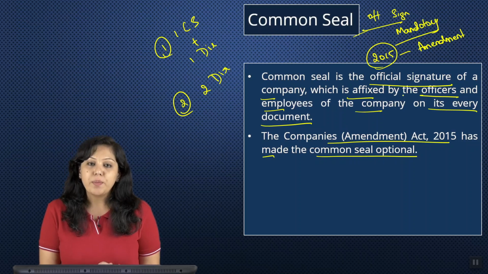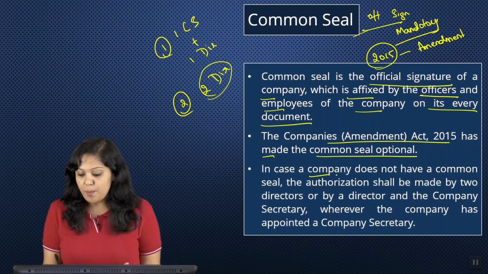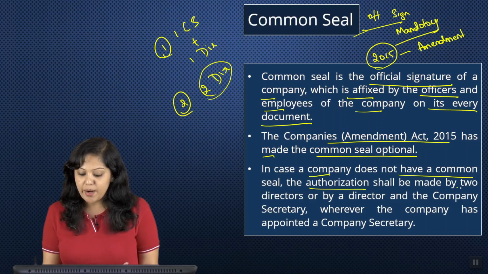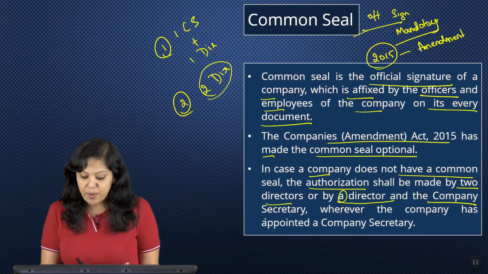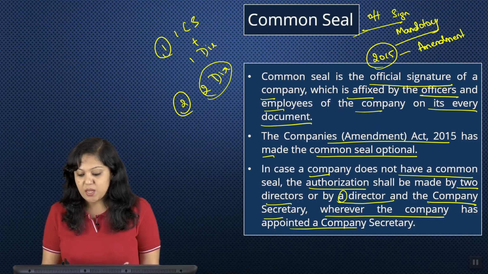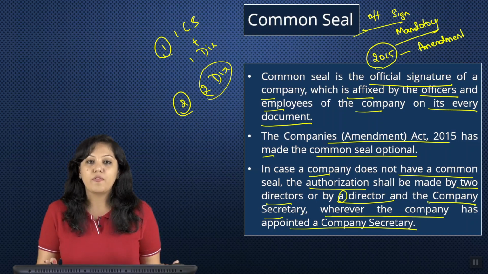So whichever companies don't have a whole-time CS, any two directors will be affixing their signatures on the contracts. In case a company does not have a common seal, the authorization shall be made by two directors or by one director and the company secretary, wherever the company has appointed a CS. So this is the concept of common seal.